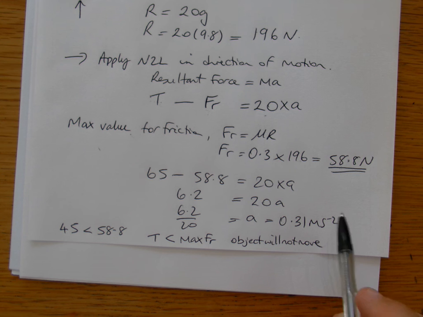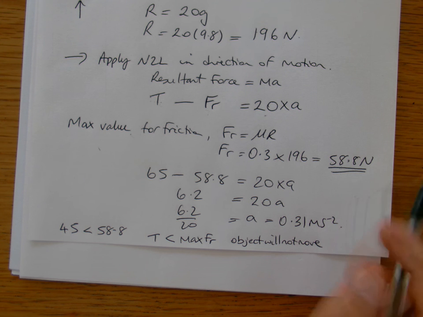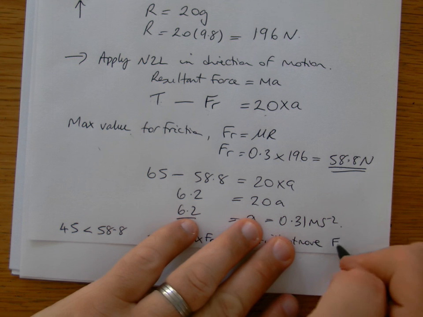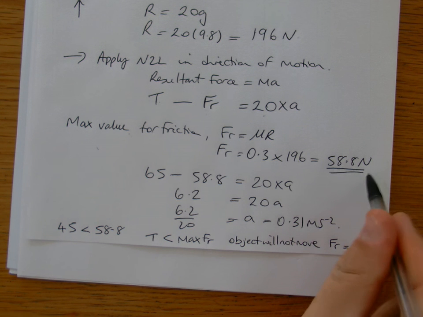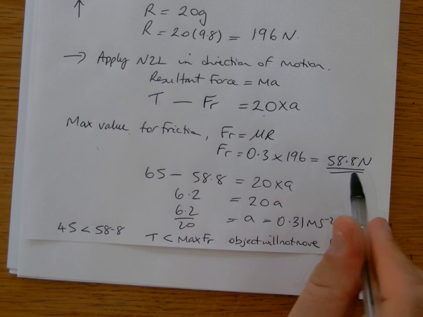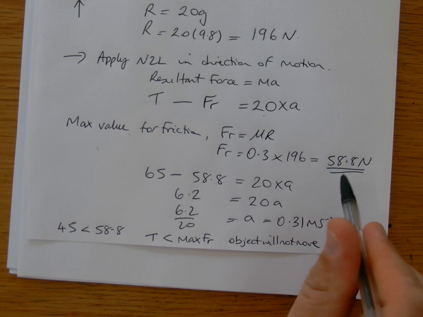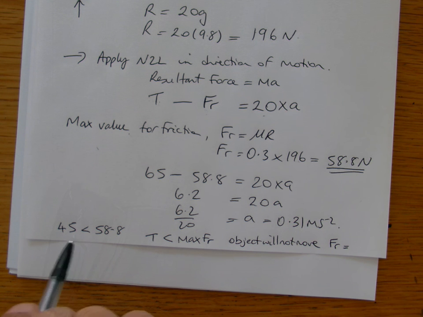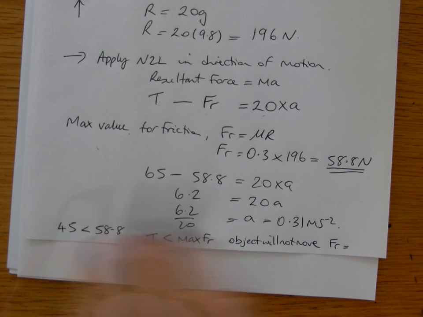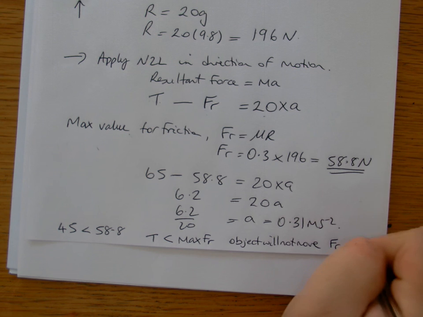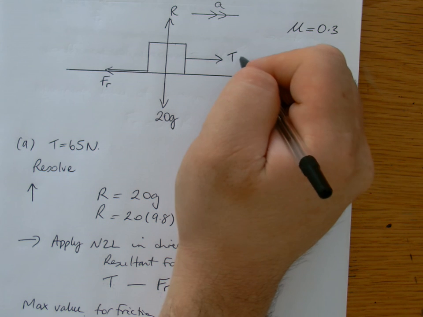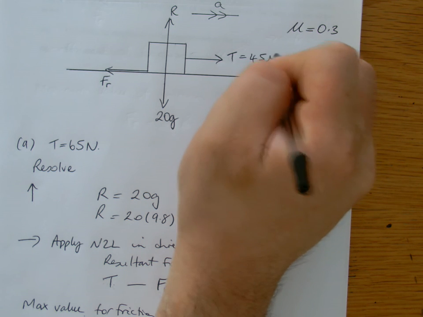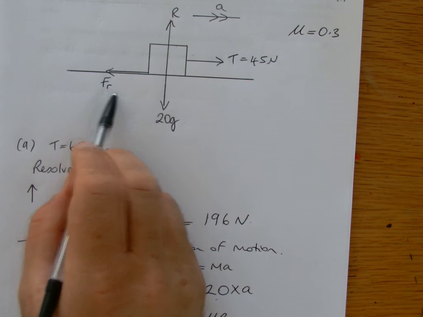Now the question asks, what's the friction going to be? And this is an important step. The friction in this case is not going to be 58.8, because that's the maximum value of friction. It will only match the pulling force. So if the pulling force is 45 newtons, the friction will also be 45 newtons. It would be silly if the tension was 45 newtons and the friction force was 58.8 newtons.